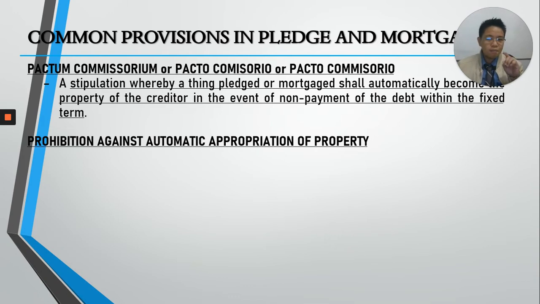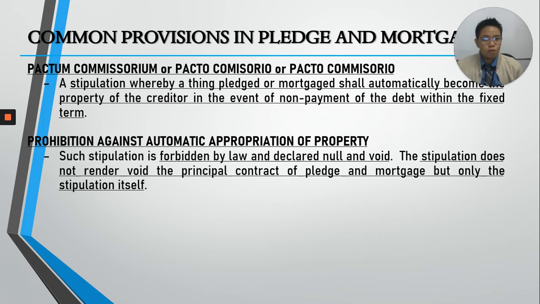It is forbidden by law. It is declared null and void. But remember, kahit na null and void yung stipulation na yan, it does not render void the principal contract of pledge and mortgage, but only the stipulation itself.